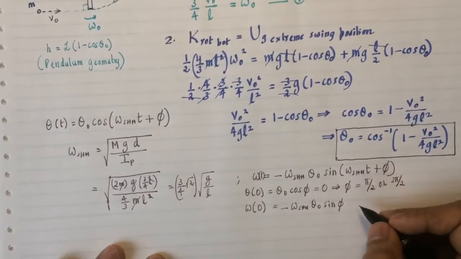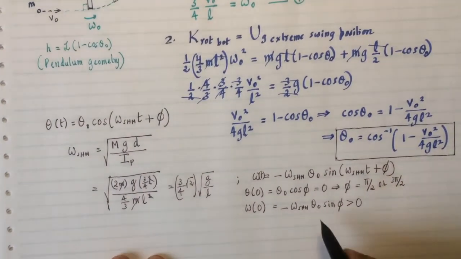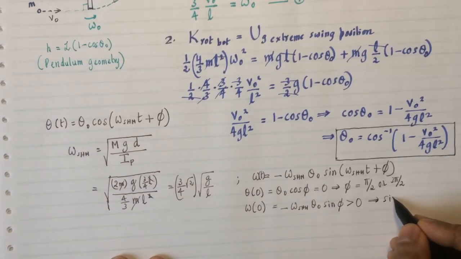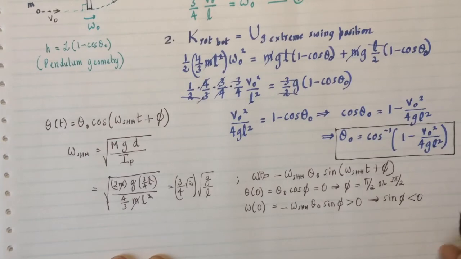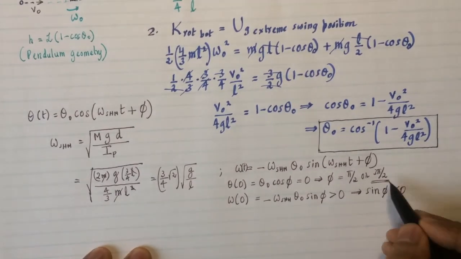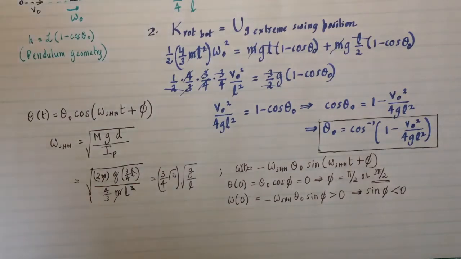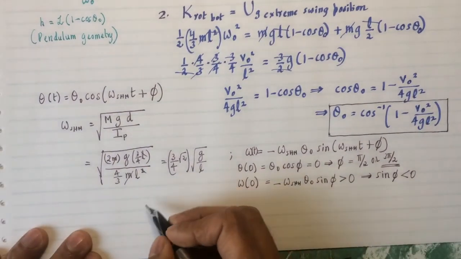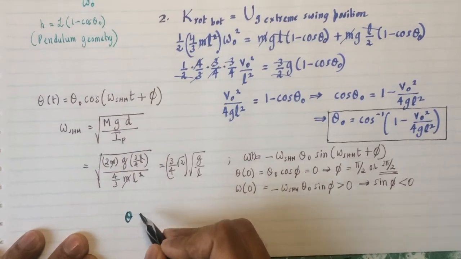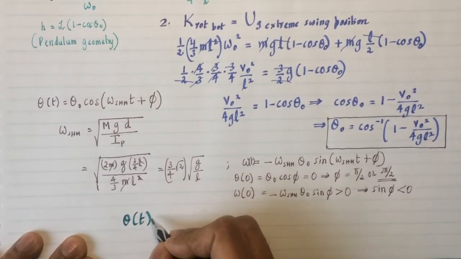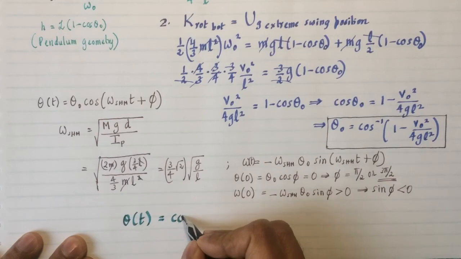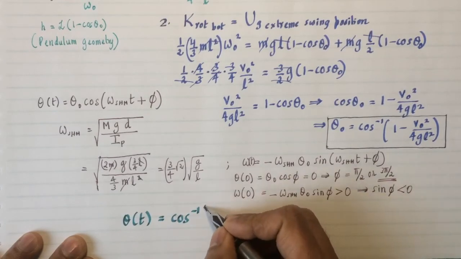So I'm glad I did this. It's a little bit different. So if this has to be positive, it means that sine phi is less than 0. Sine phi is less than 0 means we have to choose 3 pi over 2 instead. So now we have our full-blown answer to this problem. Theta of t is theta naught, and let's brace ourselves.